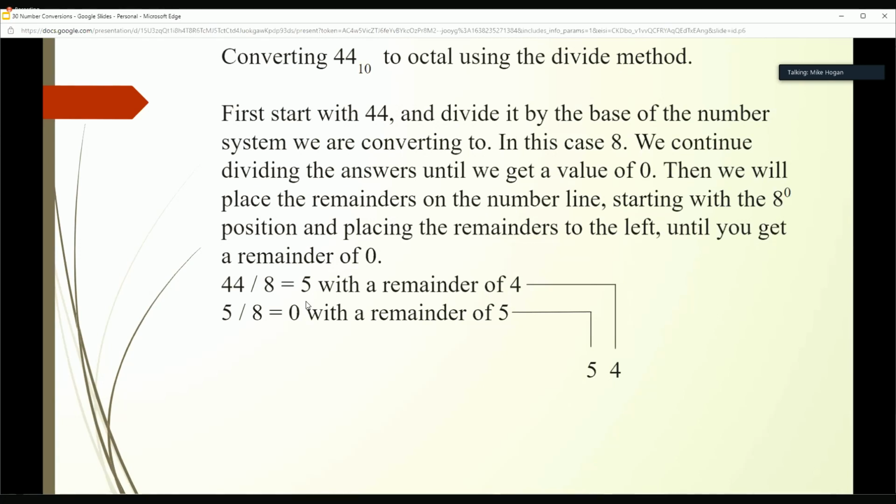We could still do it the same way, by looking at our weights and which column would go into this number the easiest. It's just a little bit more difficult with octal than it is with binary.